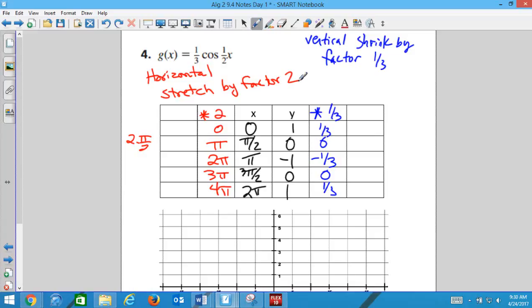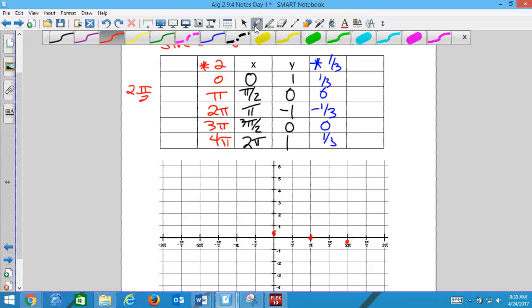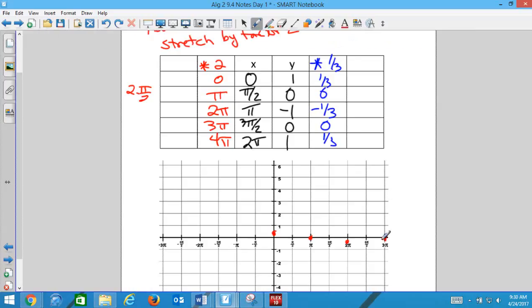Factor of 2. And then we go to graph those, and we have 0, 1/3, I read it wrong, sorry. 0, 1/3, pi, 0, 2 pi, -1/3. And then at this point I'm off the graph.